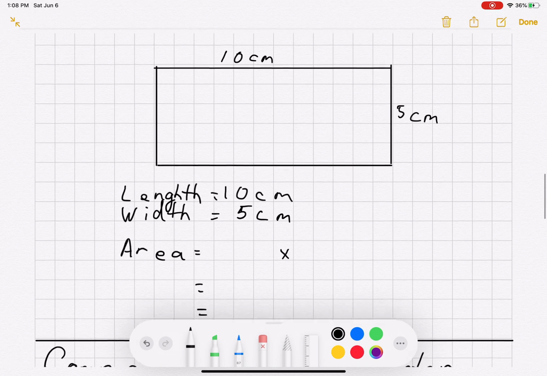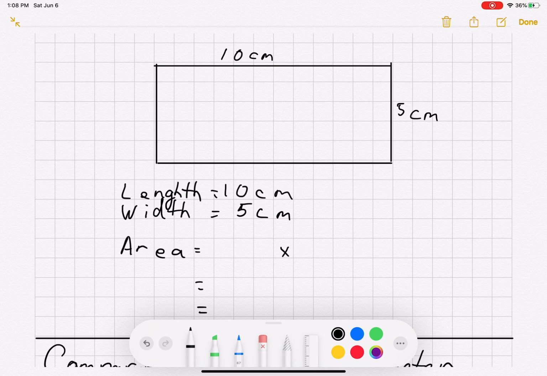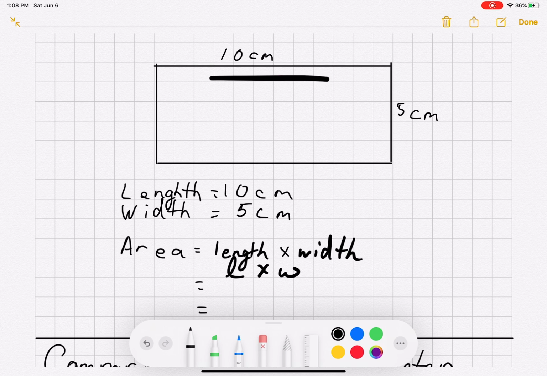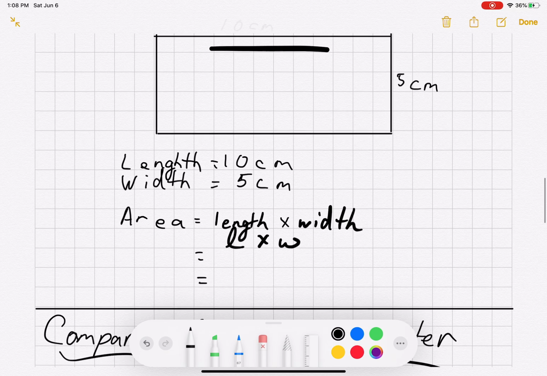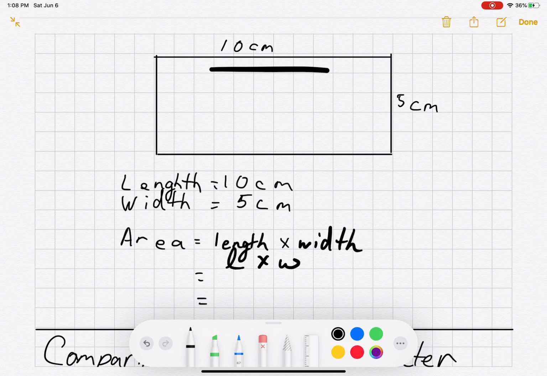Okay, so now how do we come up with a formula for this? Well, I'm hoping that you guys in your mind have said that I take the length, and I multiply it by the width, or L times W. Okay, and so the length of this rectangle is 10 centimeters.